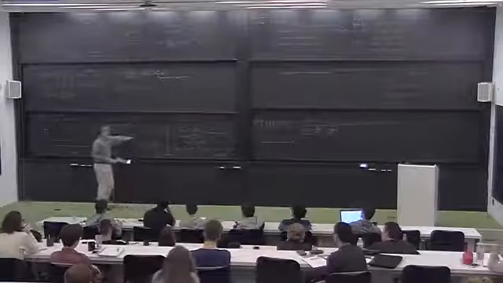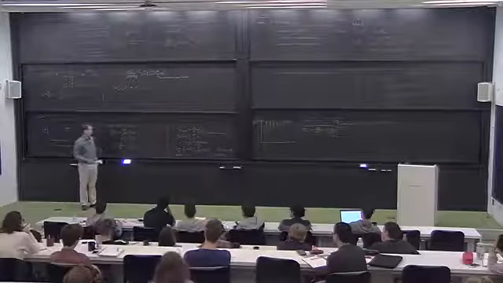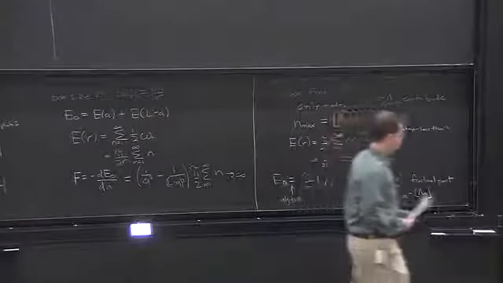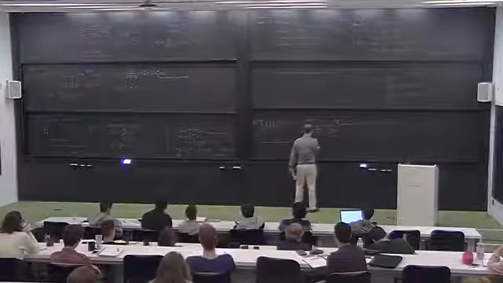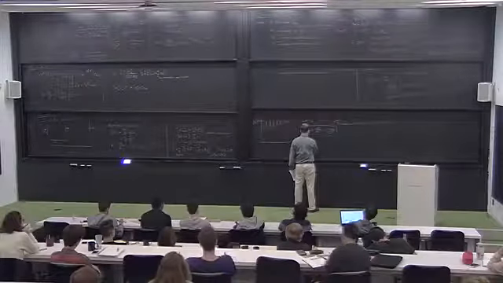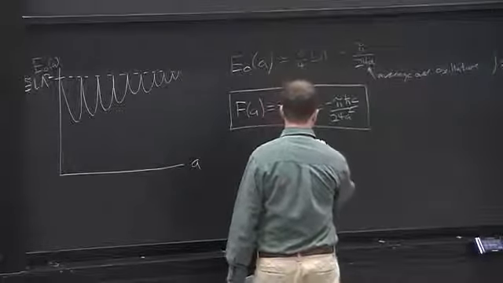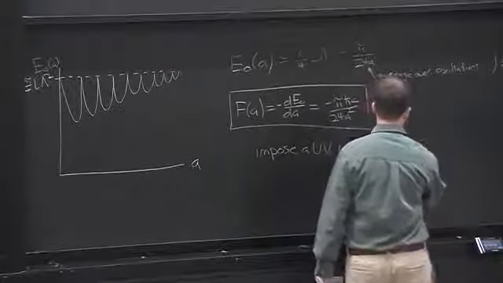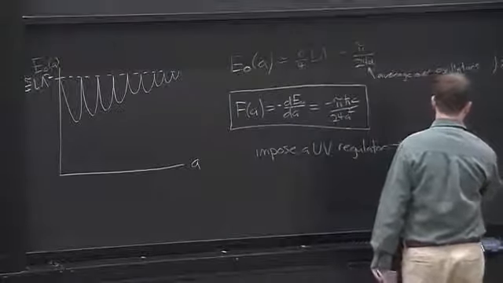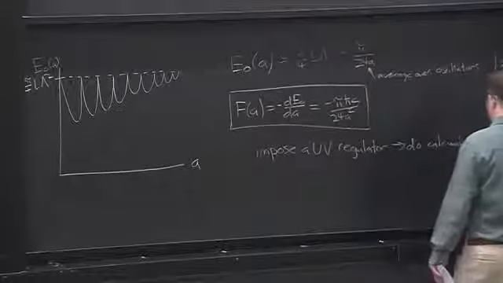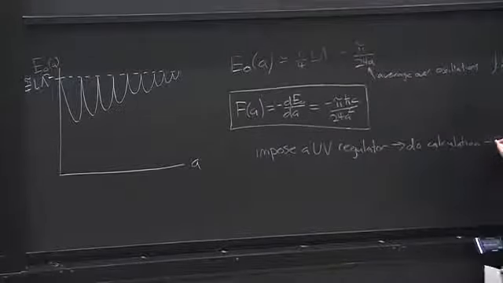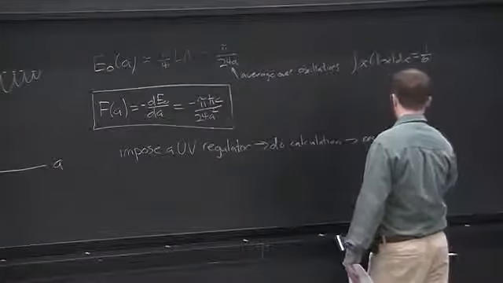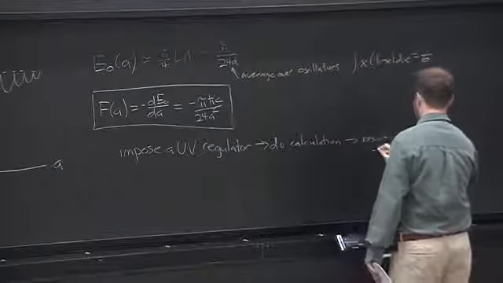So the problem here was that the arbitrarily high energy physics was spoiling our ability to make low energy predictions. And the typical way you do a QFT calculation is we need to impose the UV regulator. Then we do the calculation. And if we've done everything correctly, the result should be independent of the regulator.